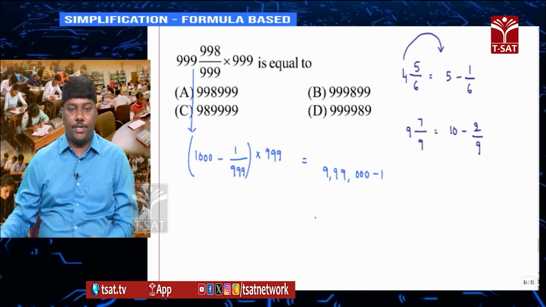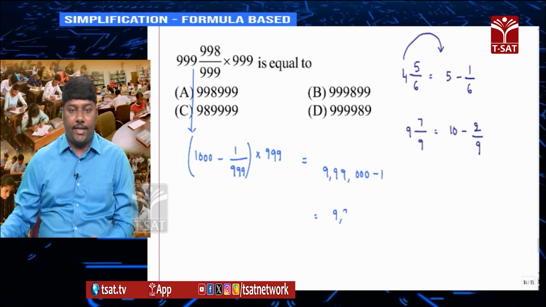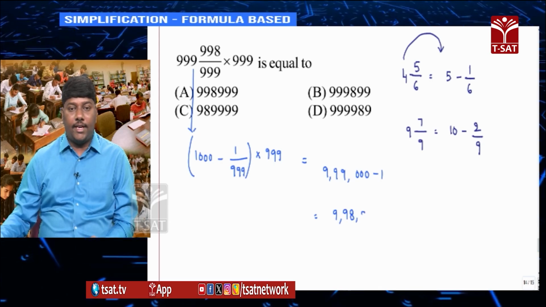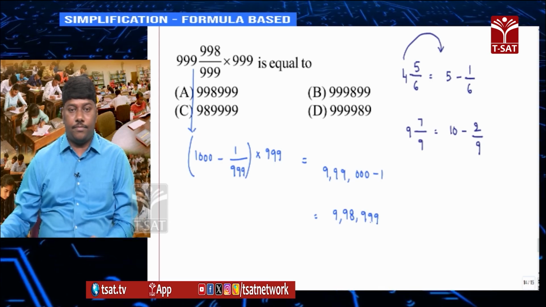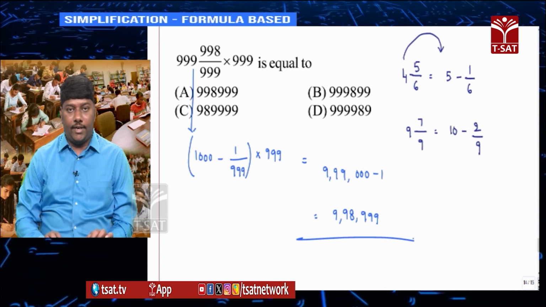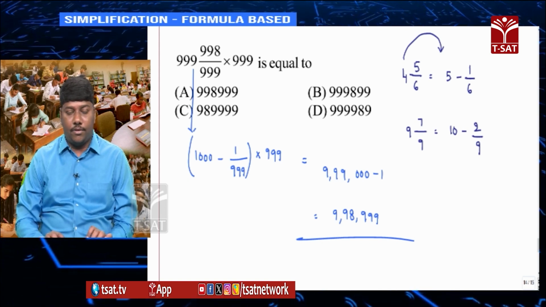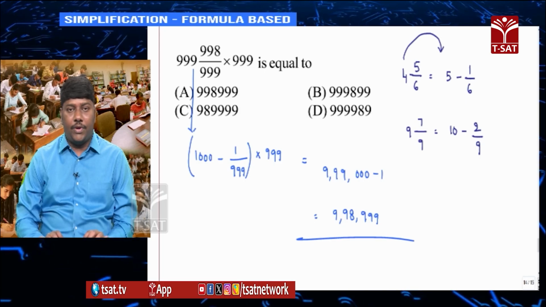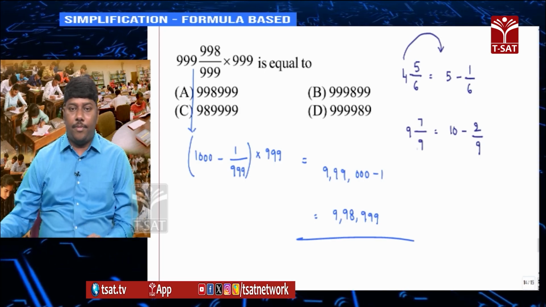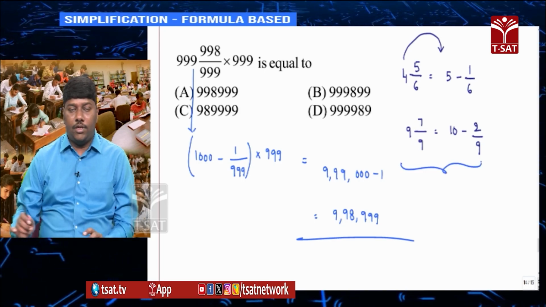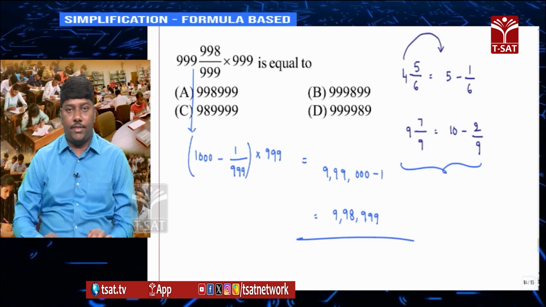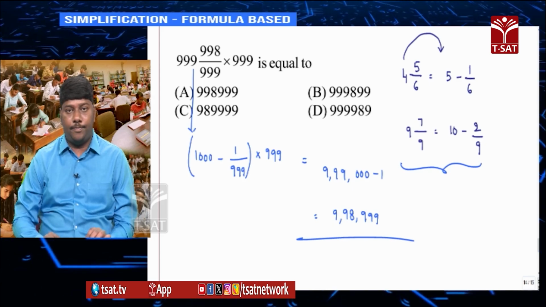Directly we came to the final step, which is 9,98,999. So any sum based on this, just remember these things. You can always write A B by C as A plus B by C.